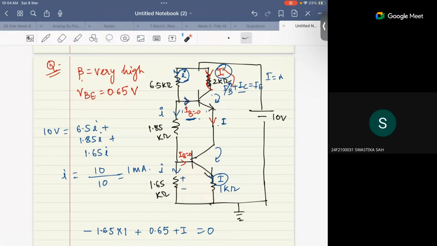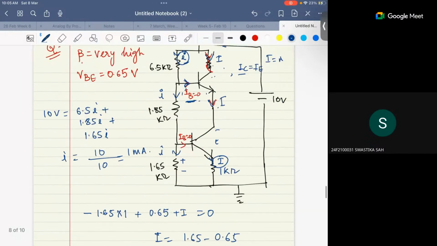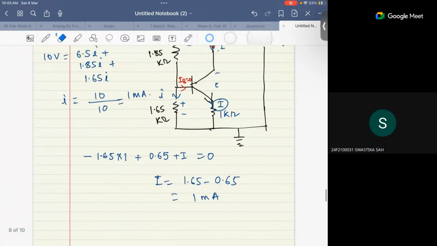Sir, please explain again how you find the value of capital I. Okay. Capital I. See, is this clear that this capital I that is coming out from here will all be the same? Now to calculate this I, can I use the KVL in this circuit? I can use it, right? So if I have to use the KVL here, what has been given here?